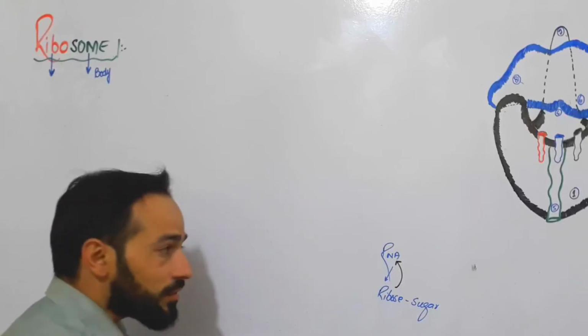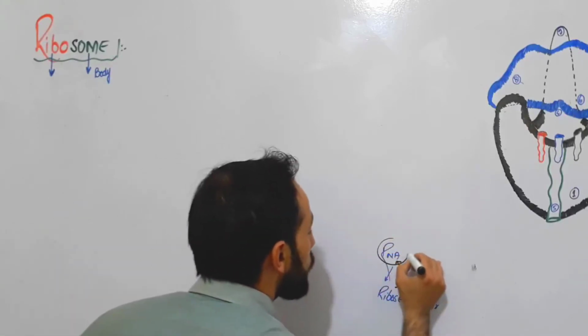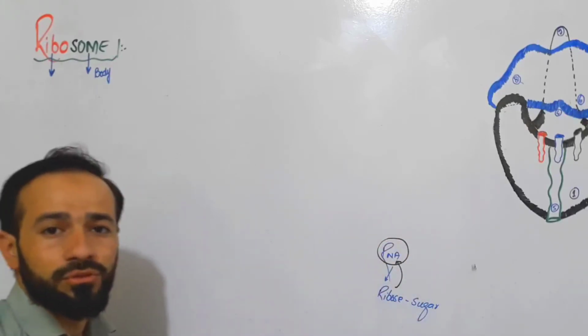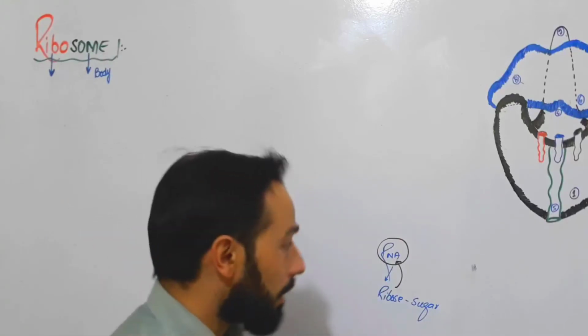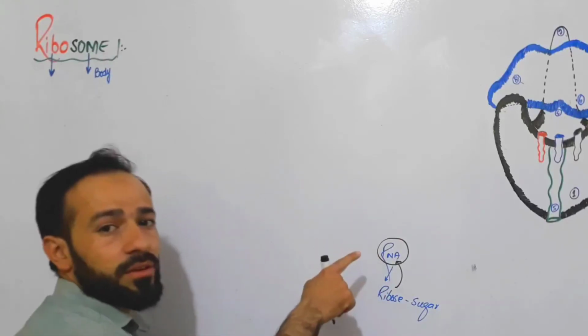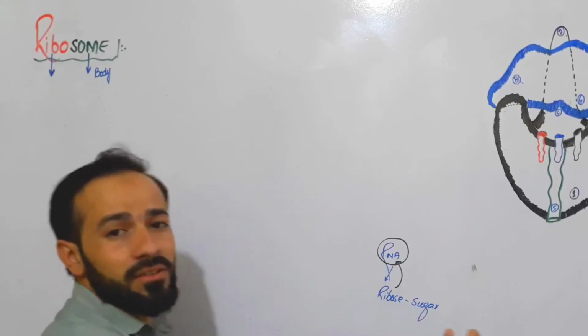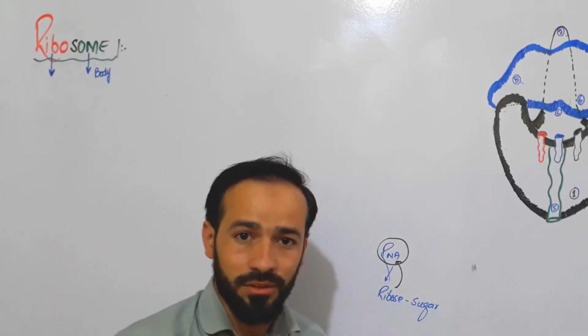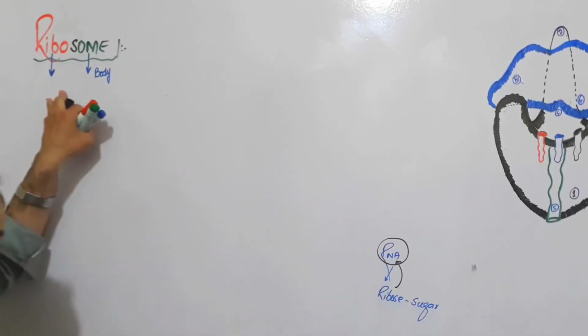So it means that the ribosome itself is composed of RNA. Later on we will see the structure of the ribosome and its composition, but I'm just introducing this word.